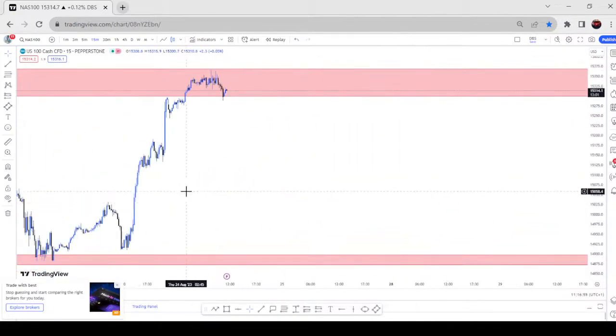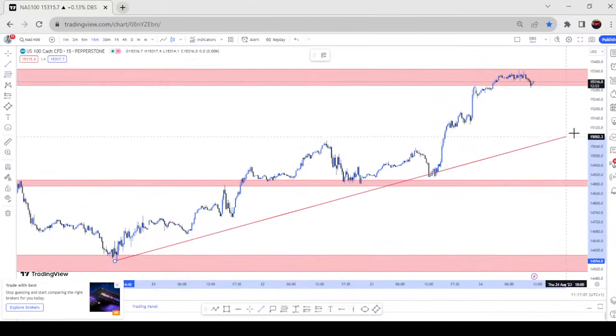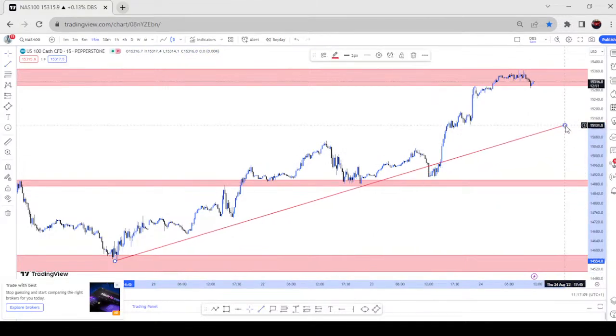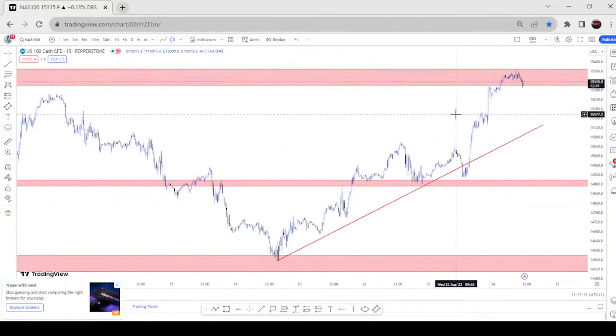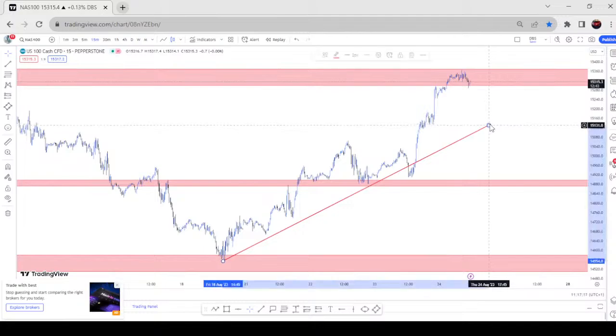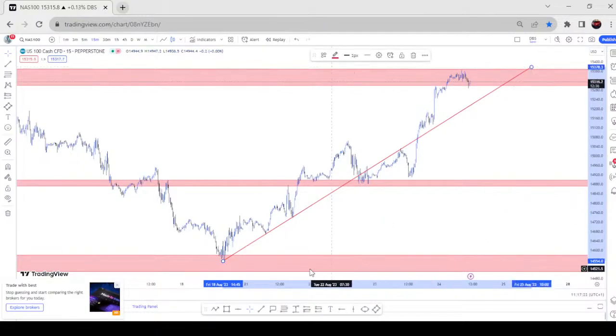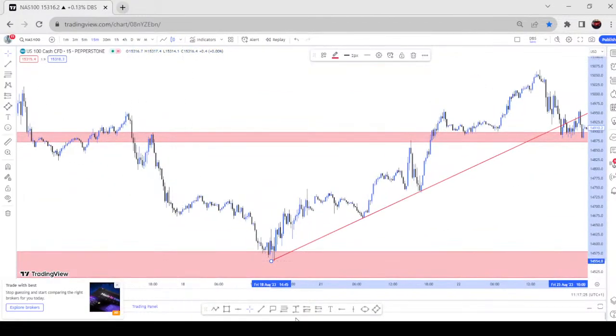So let's bring it up. It has started trending from here to the upside, so we can support it with the trend line all the way from here to the upside. If we draw it like this, you can see this market actually respects here.